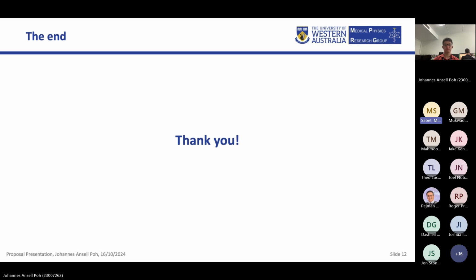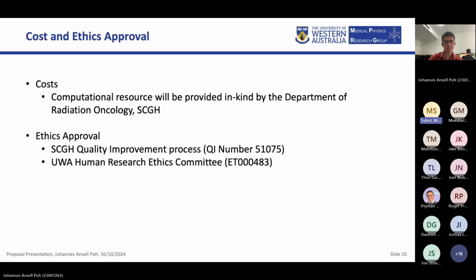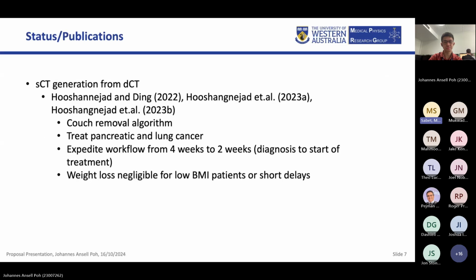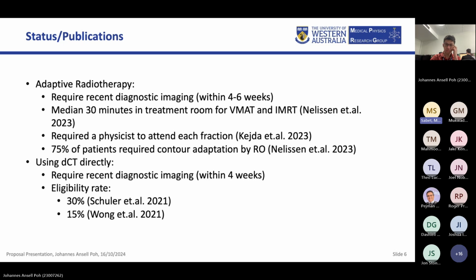Yes, thank you. And thanks, Ansel. I have a question about the criteria you're using for your study. So you briefly mentioned what limits are there in the publications and which patients could be used, but what are the ones that you are considering? Like which patients, sorry.